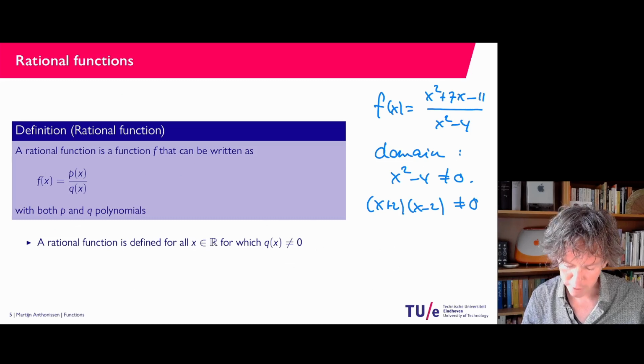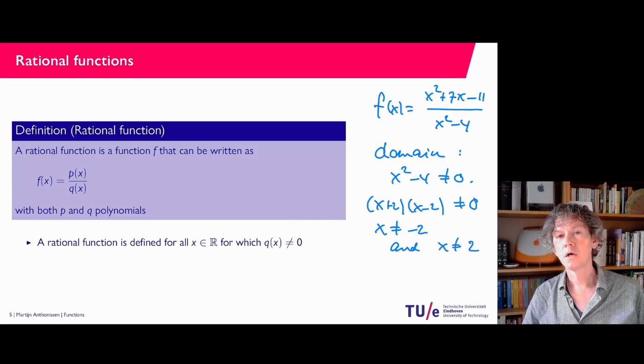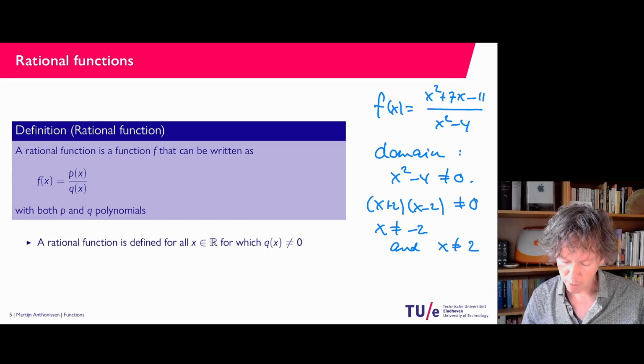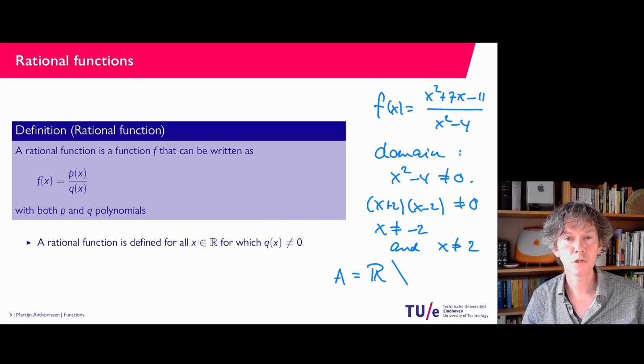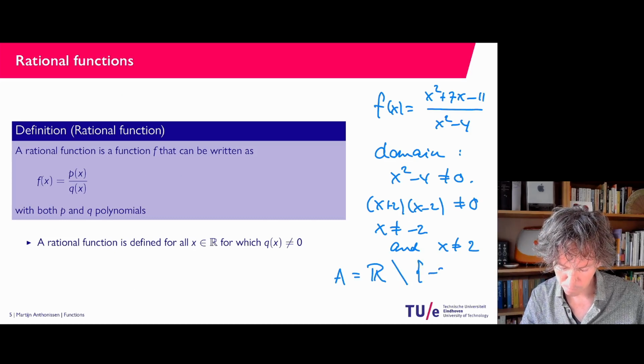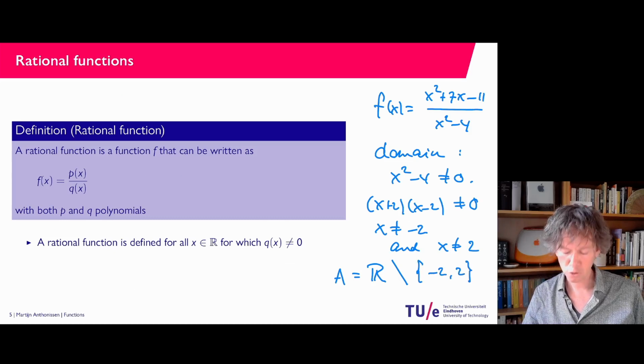So what we find is that x cannot be minus 2 and x cannot be 2. So what we find for the domain is that the domain is every real number, except, that's what this notation means, that we throw out some of the elements, minus 2 and 2. So this is the domain.